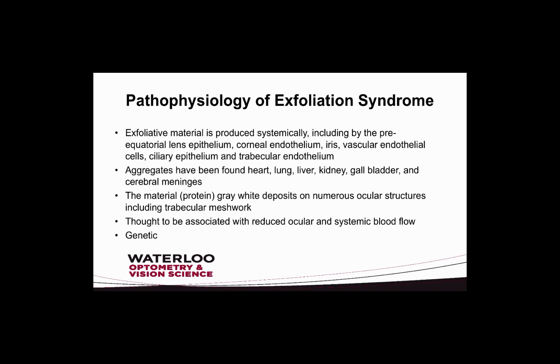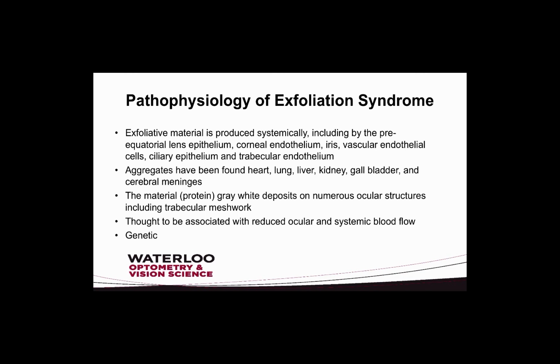The pathophysiology of exfoliation syndrome is that the exfoliative material is produced in the eye. It's not only produced in the eye, but the eye is the only structure where this material is going to cause pathology. Even though we get it in other structures of our body, it doesn't cause any issues anywhere else except within the eye.